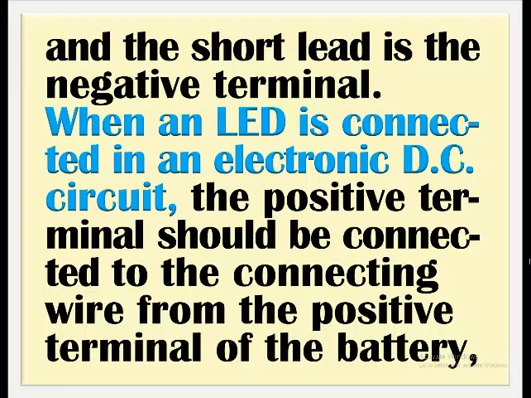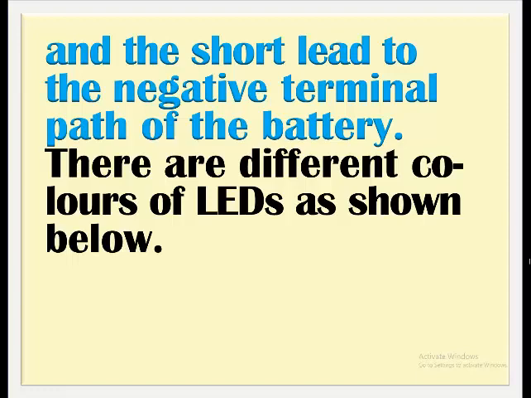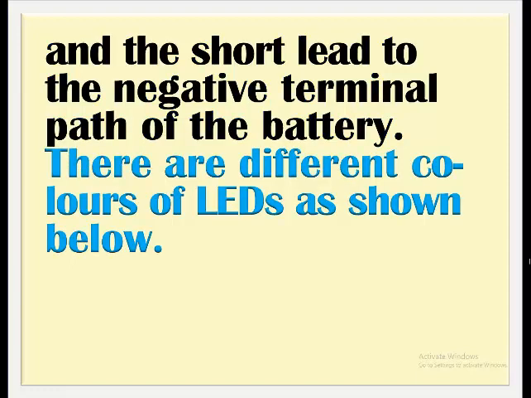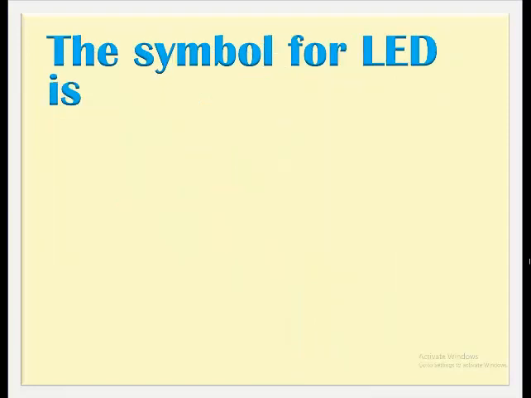When an LED is connected in an electronic DC circuit, the long lead should be connected to the connecting wire from the positive terminal of the battery, and the short lead to the negative terminal path of the battery. There are different colors of LEDs, as shown below. The symbol for LED is shown.